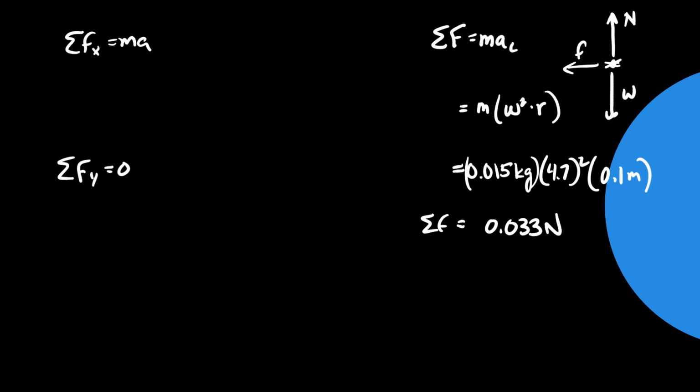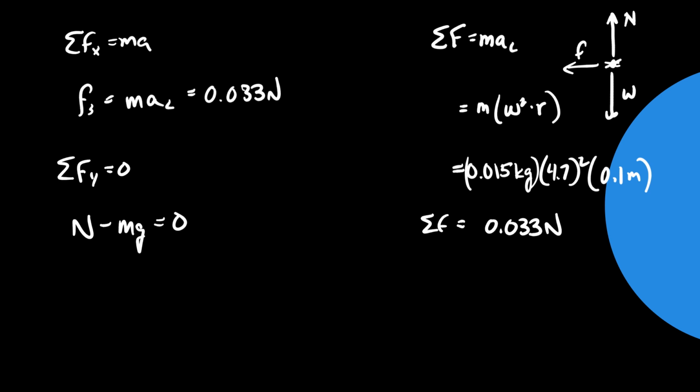Seems to me that the normal force minus the weight equals 0, and it is a frictional force that keeps the bug on the record. And we know that this is 0.033 newtons. All okay?